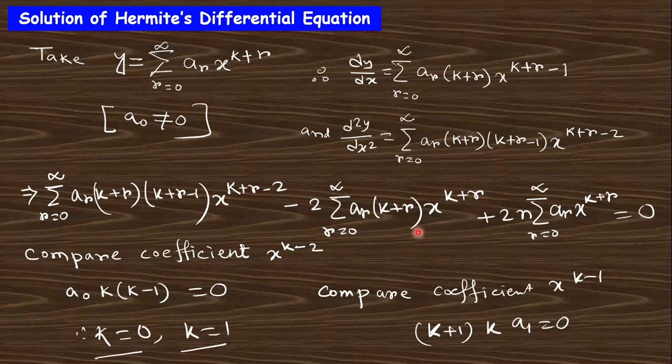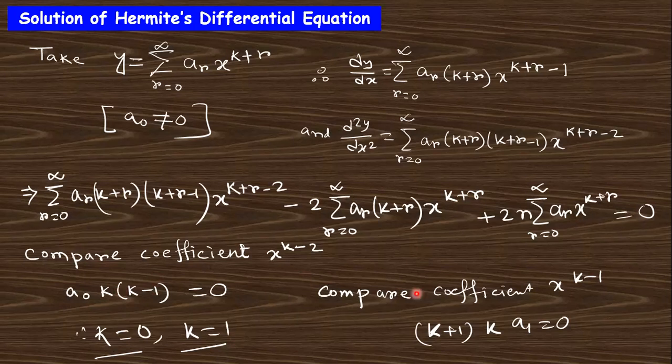Similarly, we did not get any term of x to the power k minus 2 elsewhere. That's why we only get a0 k(k minus 1) equals 0. Since a0 is not equal to 0, k can be 0 or k can be 1.